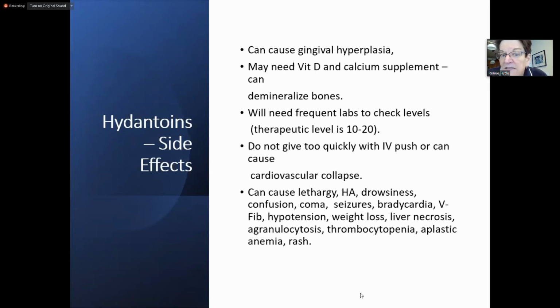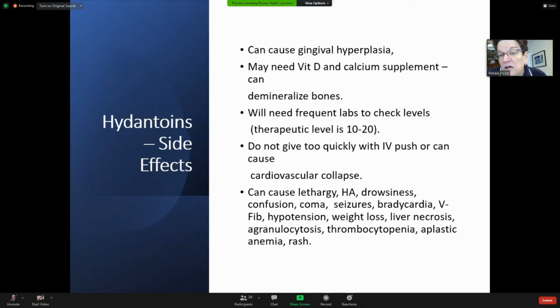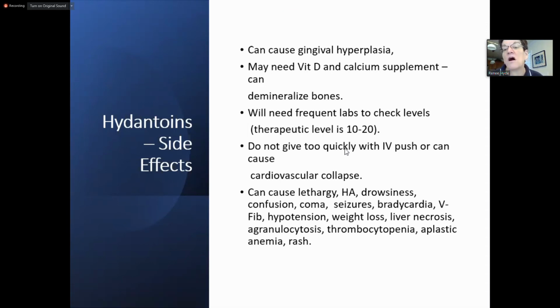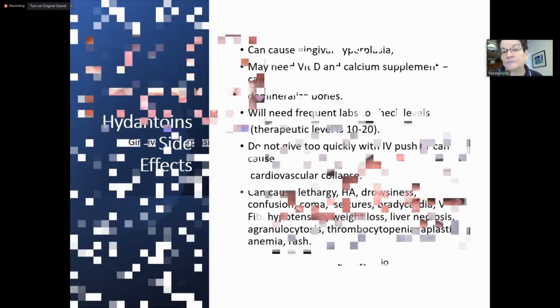So that IV push phenytoin, within the past 10 or 15 years, they've gone to fosphenytoin because of the safety mechanism. It's much easier to hang that as a piggyback and get it at the correct rate.